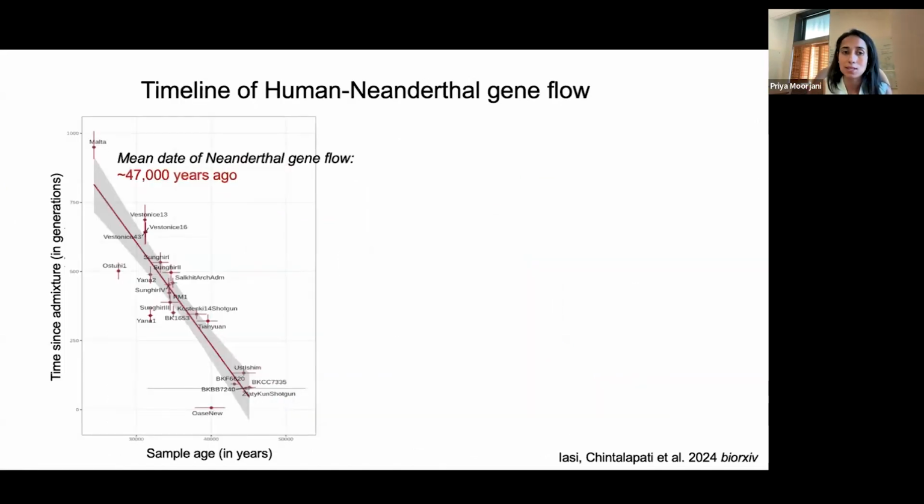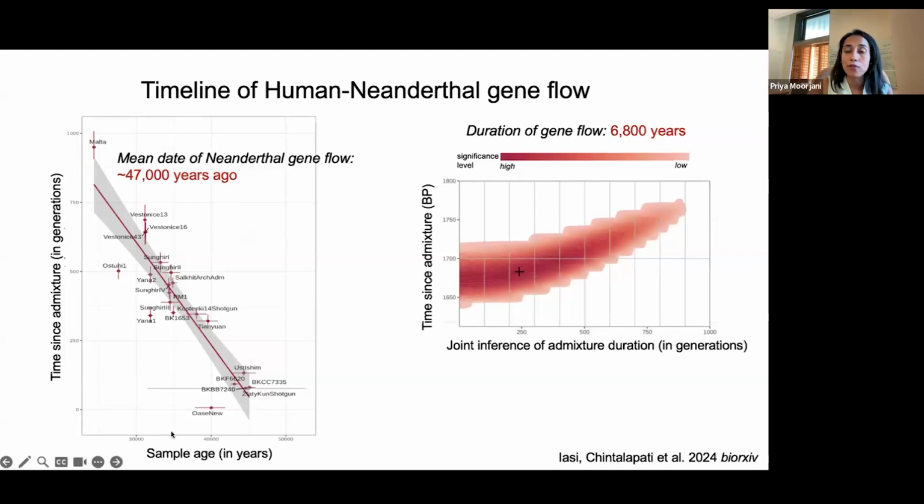We can do this analysis with many more samples, as I showed you on the previous slide, that we have lots of ancient DNA samples. And so we applied this method to about 25 different samples here. And we inferred that the mean timing of the Neanderthal gene flow was about 47,000 years before present. But we can actually jointly analyze the data for all of these samples and not just learn about the mean time of the gene flow, but also the duration of the gene flow.